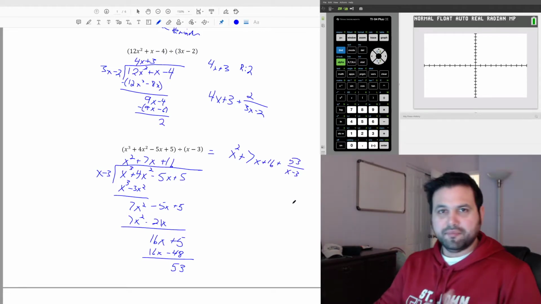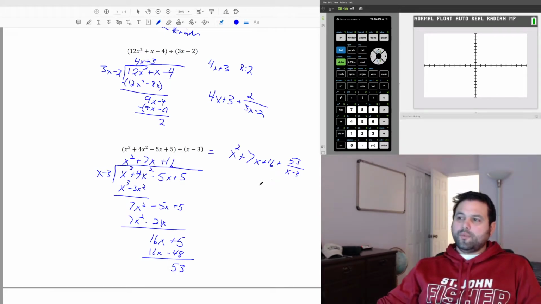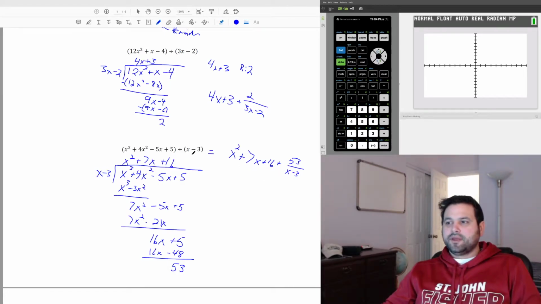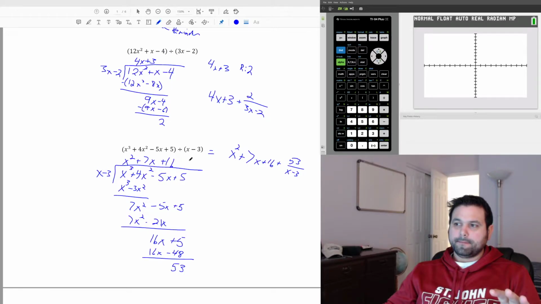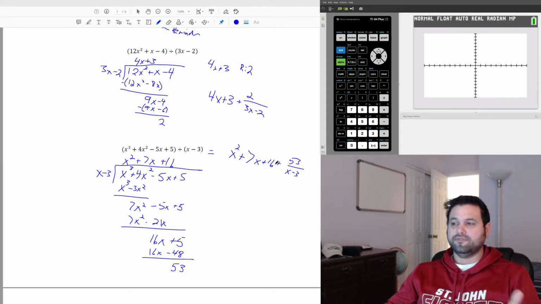All right, so we have a remainder of 53. So whenever we get a remainder, it means that what we've divided by doesn't actually divide it evenly, right? It's not divisible by this linear factor. And that's going to be part of our linear factorization. Essentially, if there's something left over, then this is not actually a factor, right?